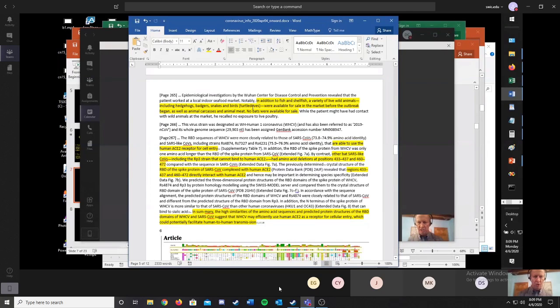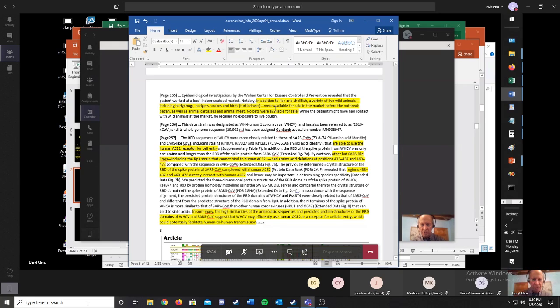They said there was a worker at an indoor seafood market where they sold fish and shellfish and also wild animals, including hedgehogs, badgers, snakes, and birds, and various animal carcasses, but no bats. And the reason, of course, they mentioned bats is because the amino acid sequence matches up really closely to a bat virus.